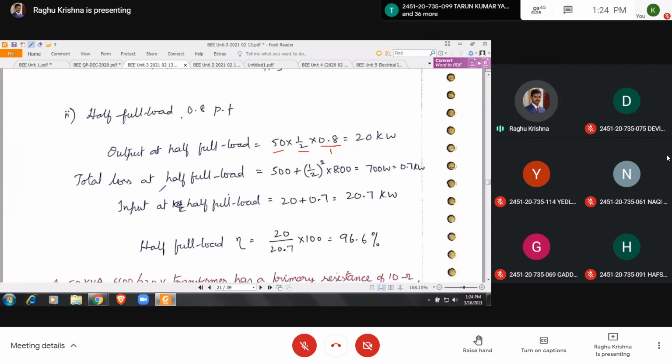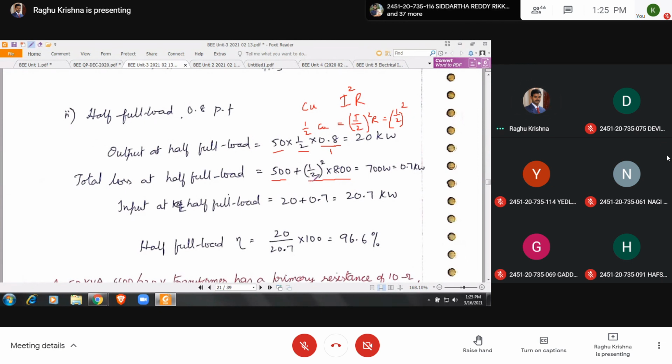Next, total loss at half full load is equal to iron loss plus 1 by 2 square into copper loss. What is copper loss? I square R. Half full load means I becomes I by 2, so I by 2 square into R, which is equal to 1 by 2 square into full load copper loss.